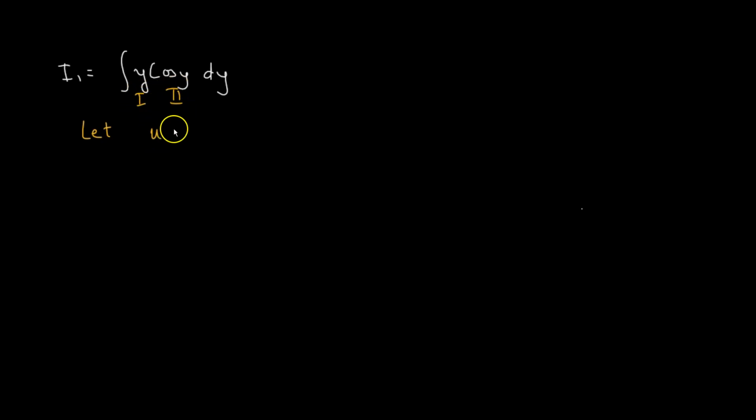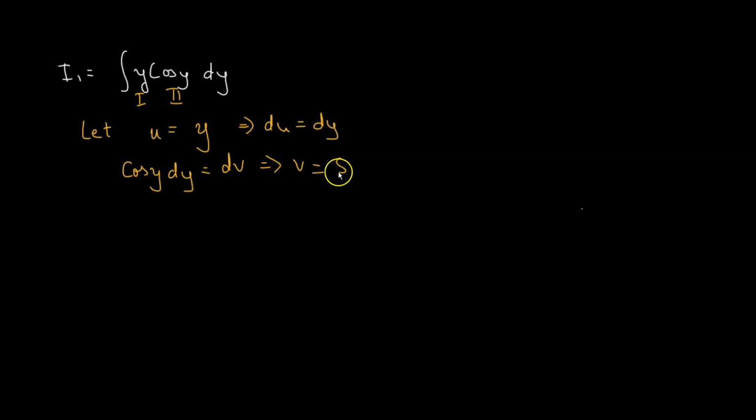So u will be the first function y, which gives us du equals dy, and we'll consider cosine of y dy as our dv, such that when we integrate both sides and obtain the value of v, we get v equals sine y. So our integral I1 will be equal to u times v, that means y times sine y, minus the integration of v du.